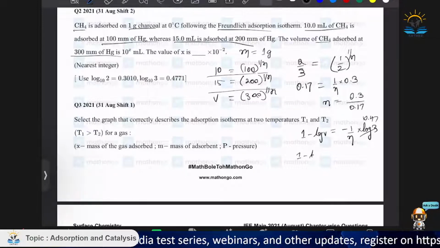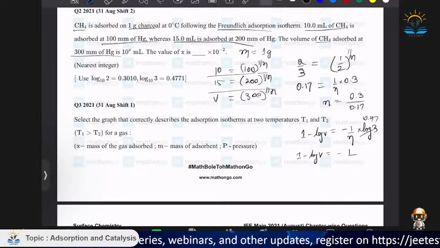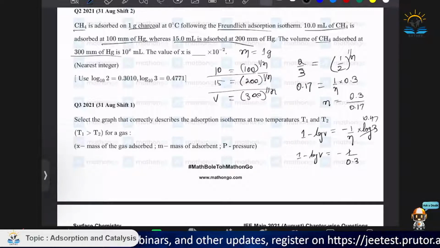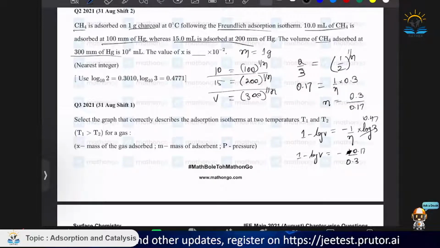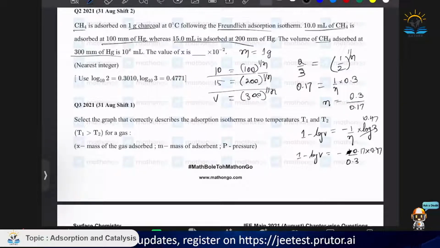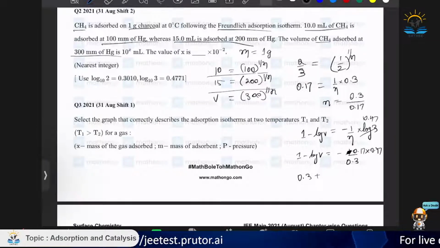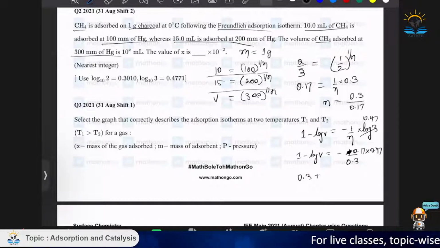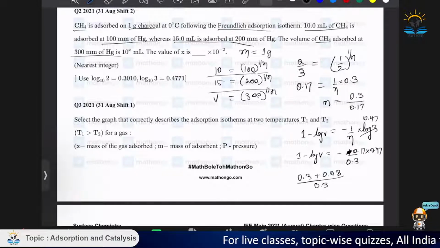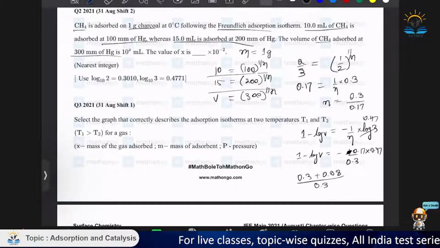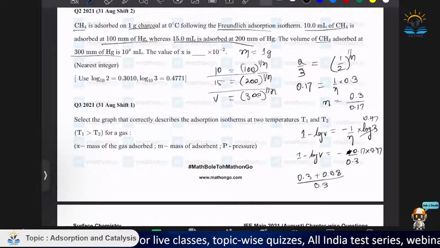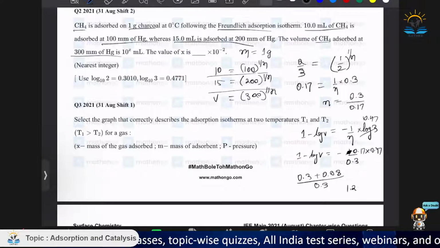Value of n is 0.3 by 0.17, into 0.47. So we have 1 plus 0.17 into 0.47, that is 0.08, from 0.3. So 0.38 divided by 0.3 is 1.26.